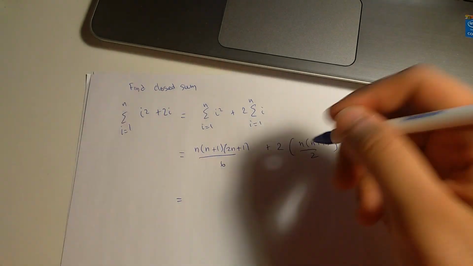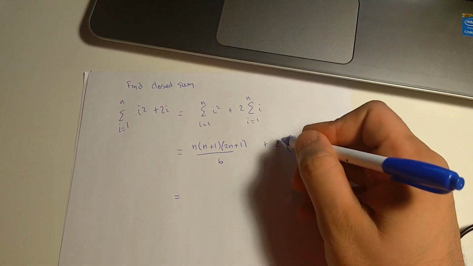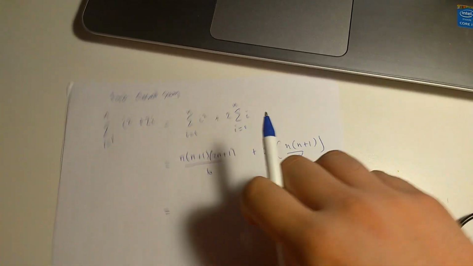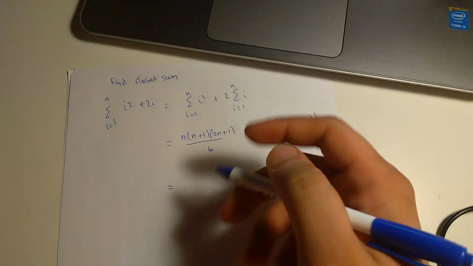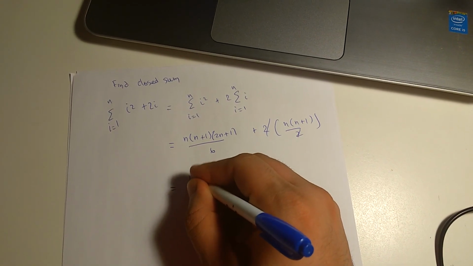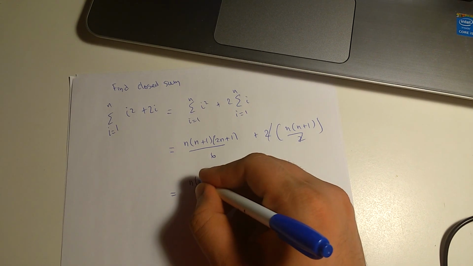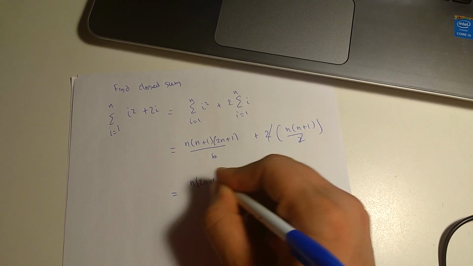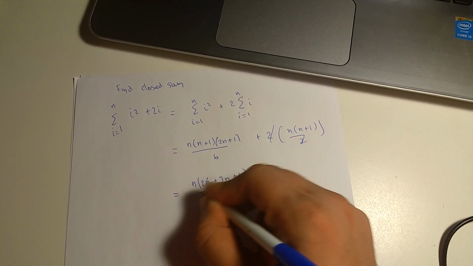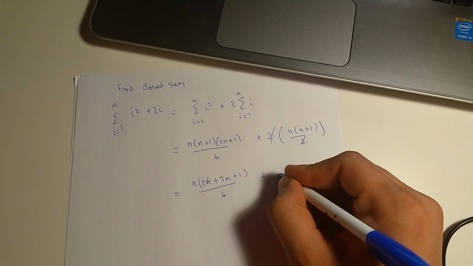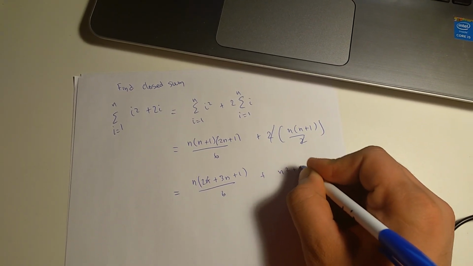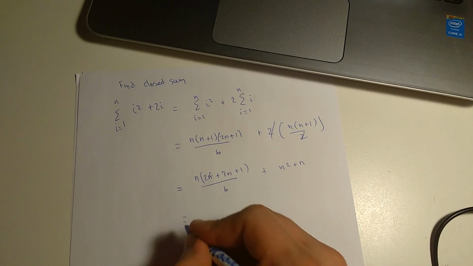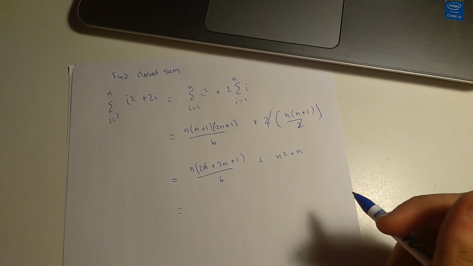So now the two cancel. So here, if we expand, I'm going to do this real quick. Then put everything in common denominators.